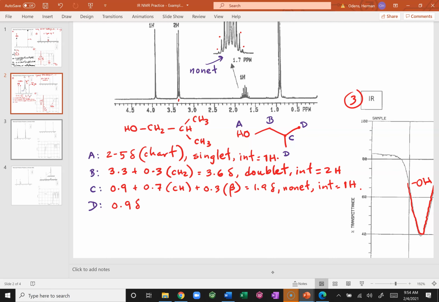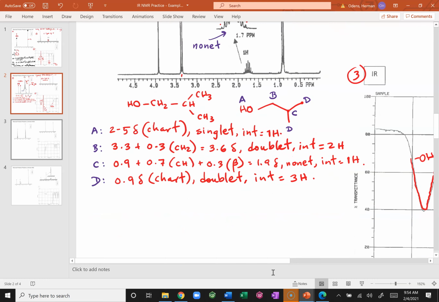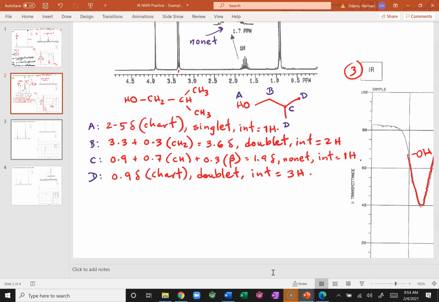It has an alpha, beta, gamma, so it doesn't count. So it's too far away. So this would be chart value, and it's a doublet. And then it integrates for 3 hydrogens. All right, what is the name of this molecule? Name.